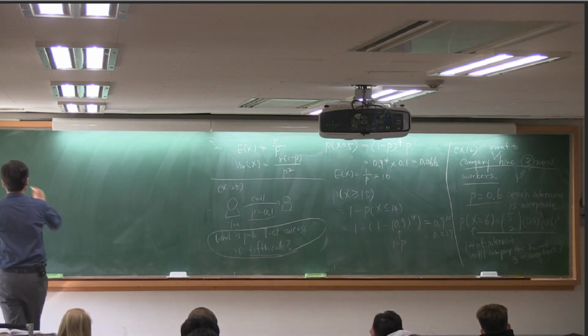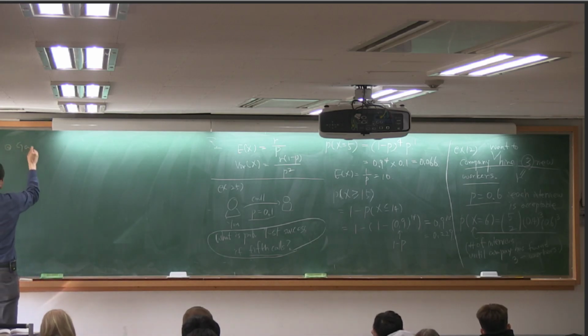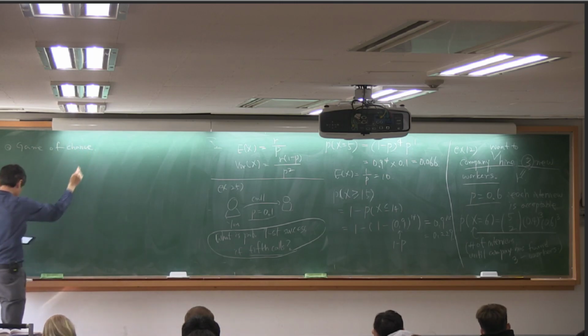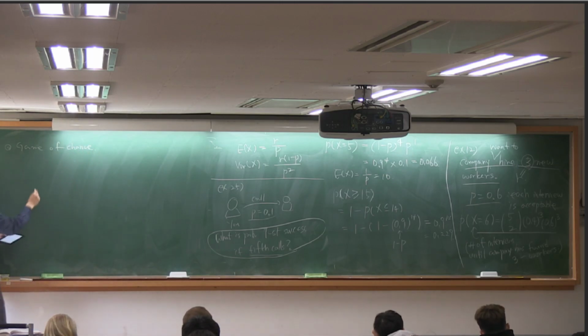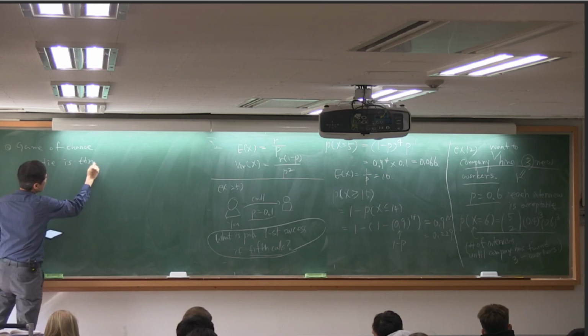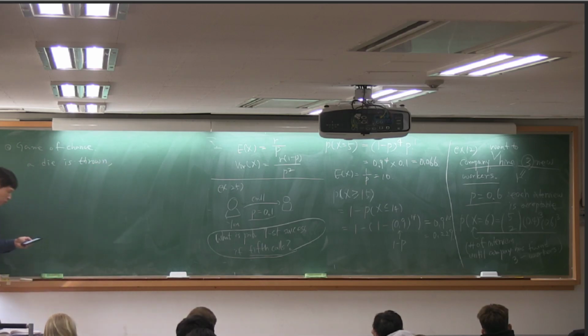Game of chance. A die is thrown. This is the problem of throwing a die. Number of throws made until 6 is obtained.